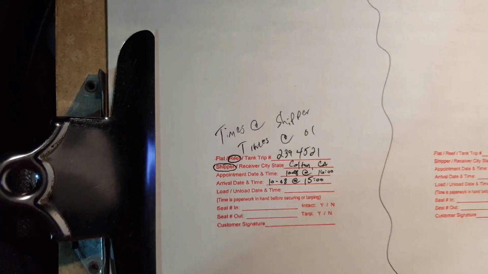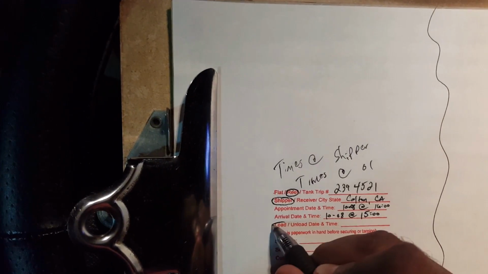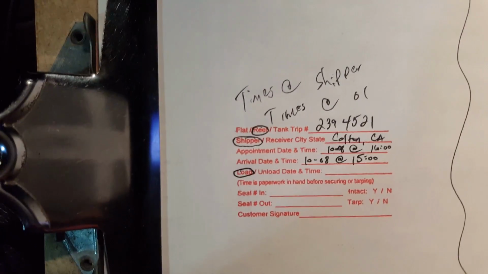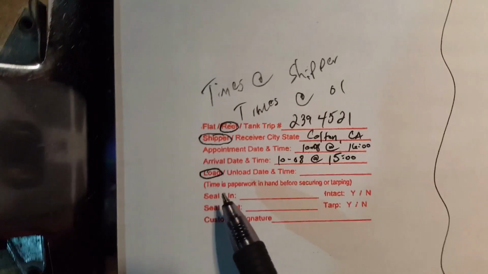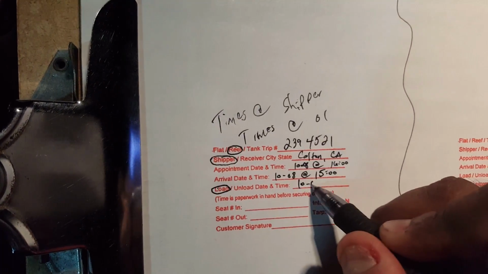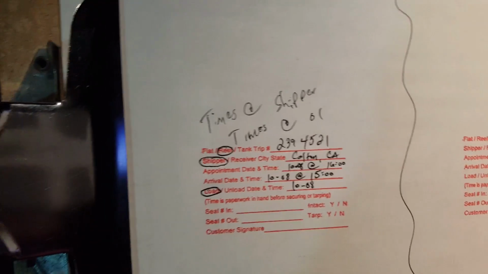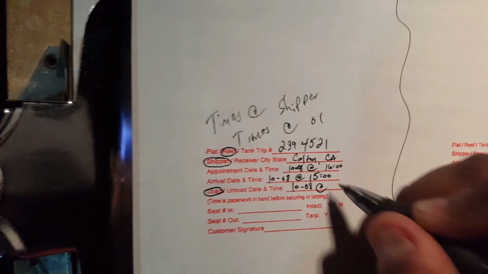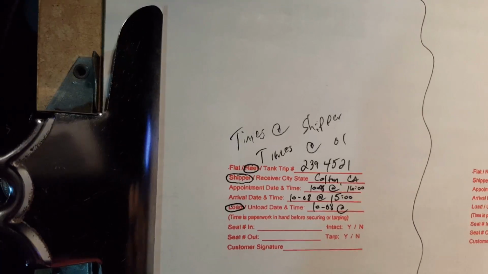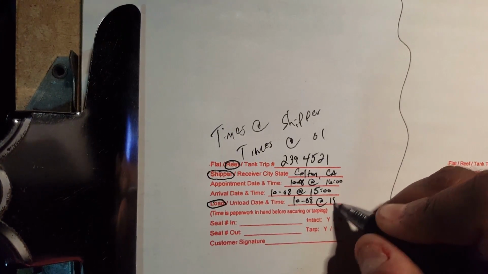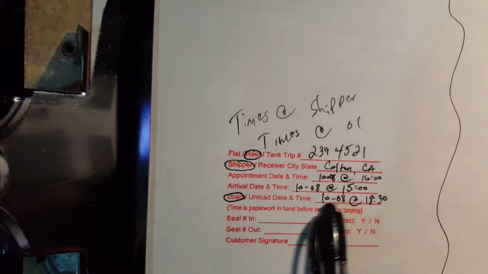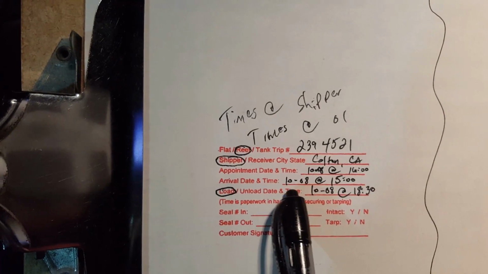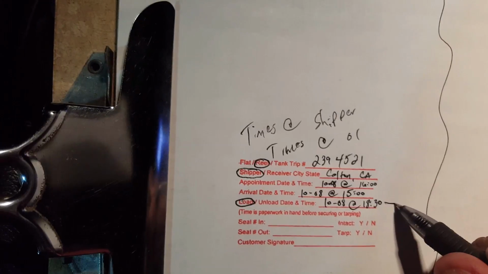So the next question is, when did you get loaded? Next question is load, unload. We're gonna circle load because we're looking to get loaded. Alright, so date and time, 10/8, and then we're gonna put at 1830, and this is the time that you're gonna use right here.